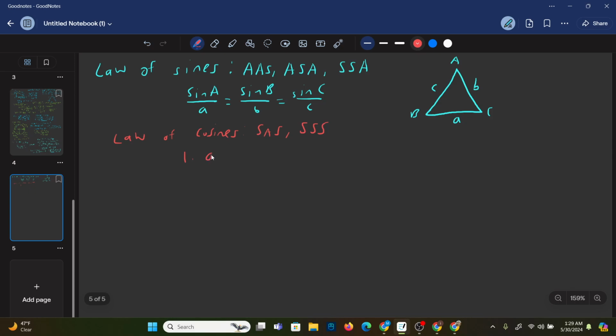The first one is a squared equals b squared plus c squared minus 2bc cos A. The second one is b squared equals a squared plus c squared minus 2ac cos B. The third one is c squared equals a squared plus b squared minus 2ab cos C.